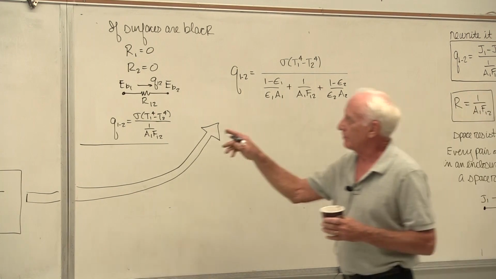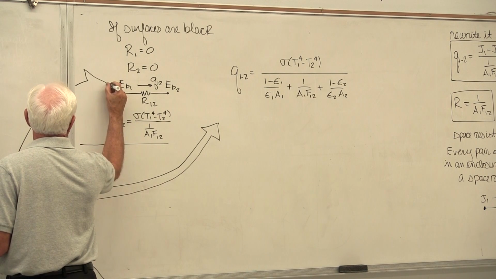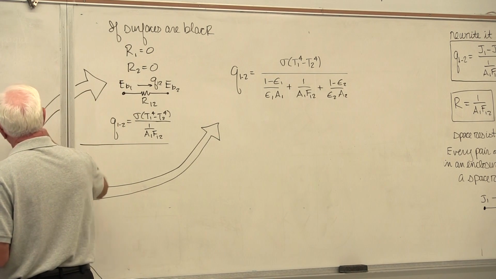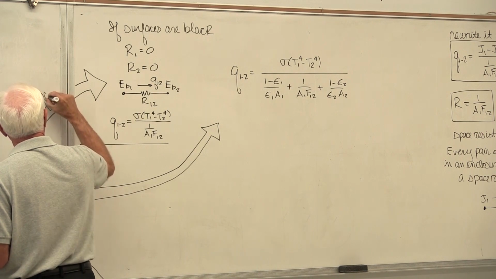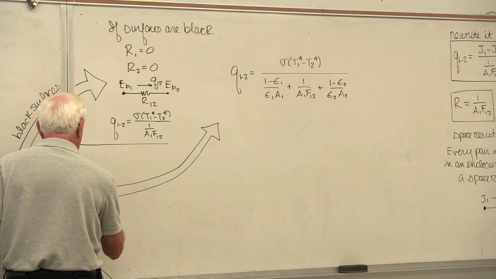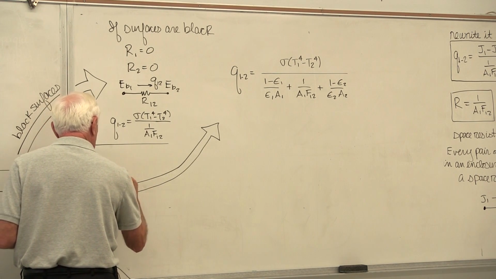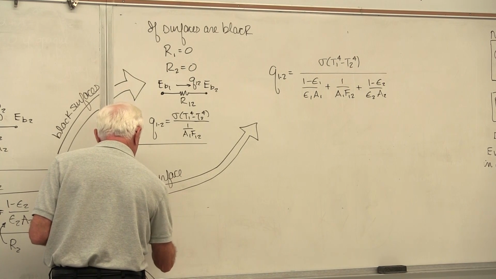Now, this one up here, of course, is for black surfaces. This one's going to be for a small surface in a large enclosure.